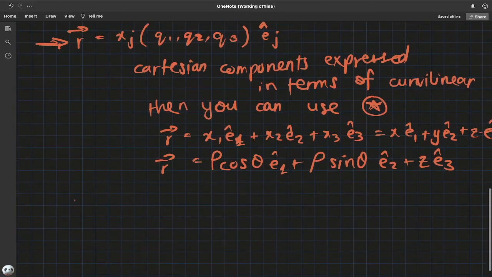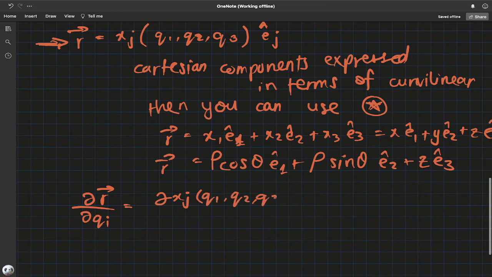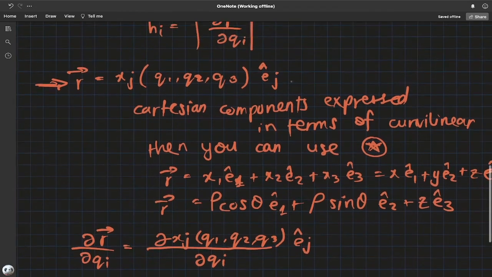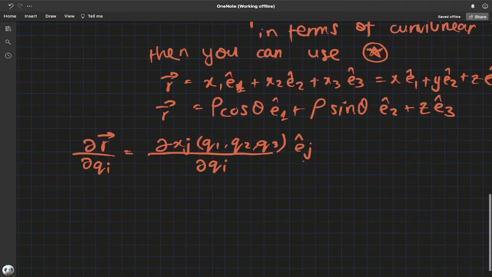then we can find the basis vector. So take this guy, partial position vector with respect to, say, qi. This becomes partial of xj, expressed in terms of the q1, q2, q3 as discussed above, differentiated with respect to this qi, and we have these Cartesian basis vectors intact because they're space invariant.